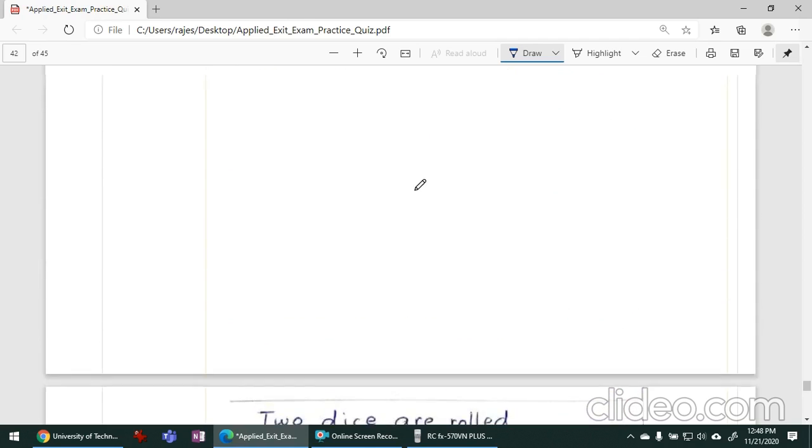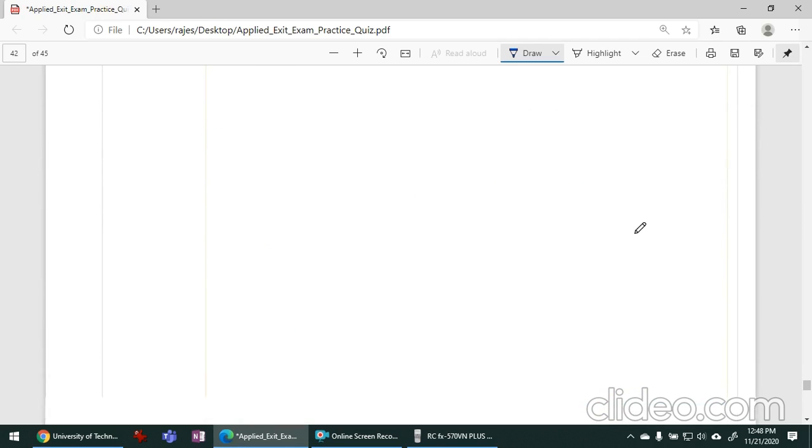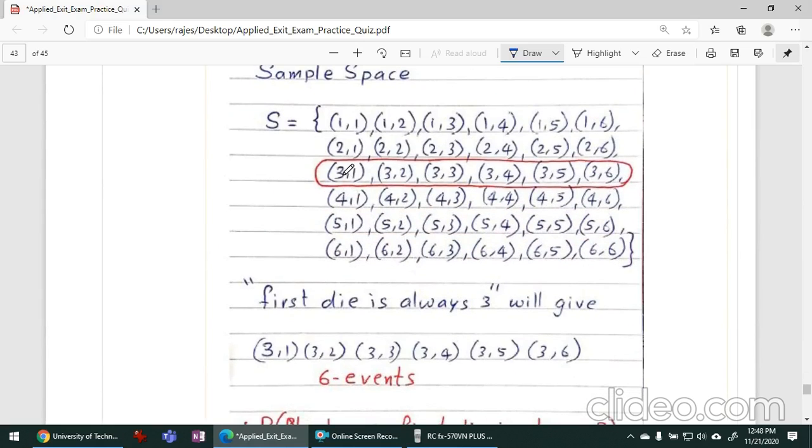Okay, now what is the question? The number on the first die should be always 3. That means 3 1 or 3 2 or 3 3 or 3 4 or 3 5 or 3 6. How many numbers? 1 2 3 4 5 6. So 6 events.